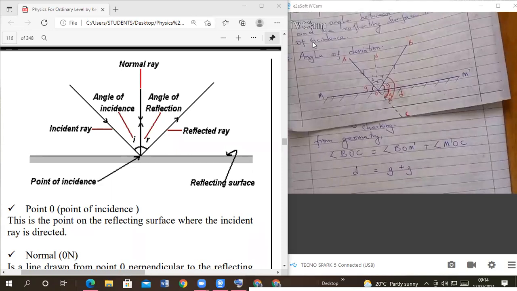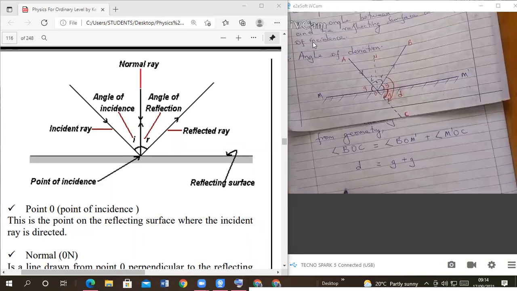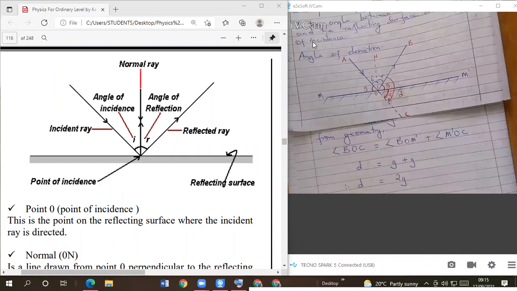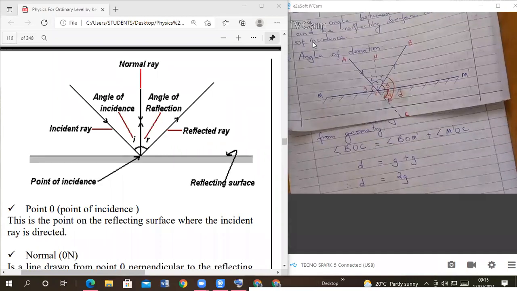G plus G. Therefore our D equals 2G. Members, have you seen where it's coming from? Yes, that's how we prove that. So we say therefore the angle of deviation is equal to twice the glancing angle.